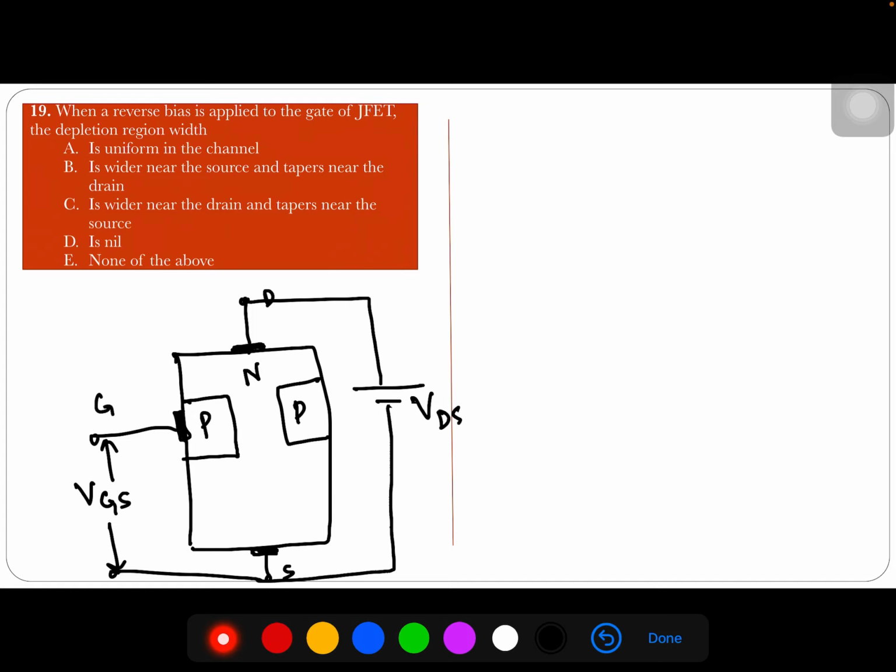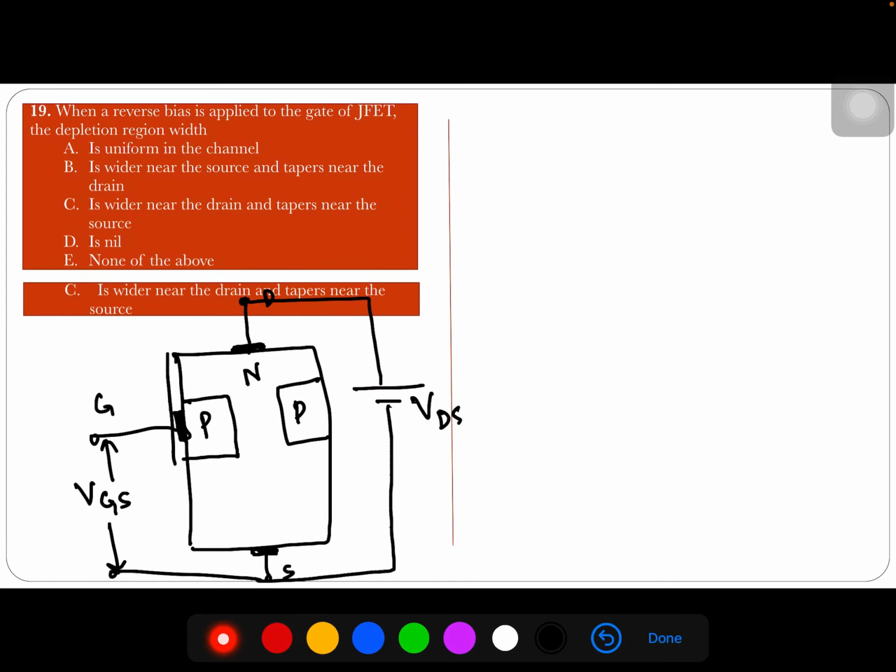Now when you keep on increasing the reverse bias, the depletion layer also increases with the increase in reverse bias. So the shape of that depletion layer will be somewhat like this.